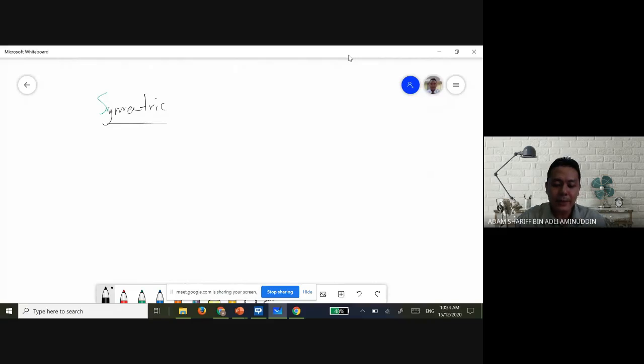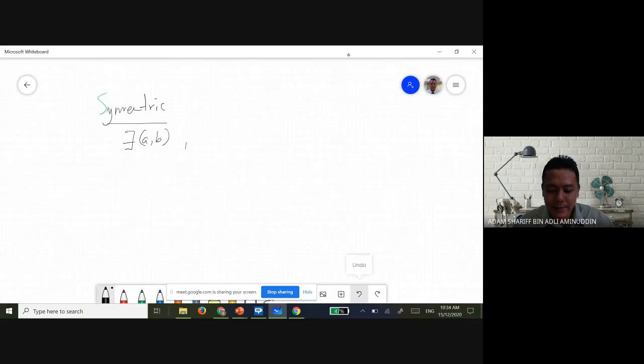Okay, symmetric, as the name implies, there exists AB for all AB in R. For this instance, ini senang nak nampak because terbalik.